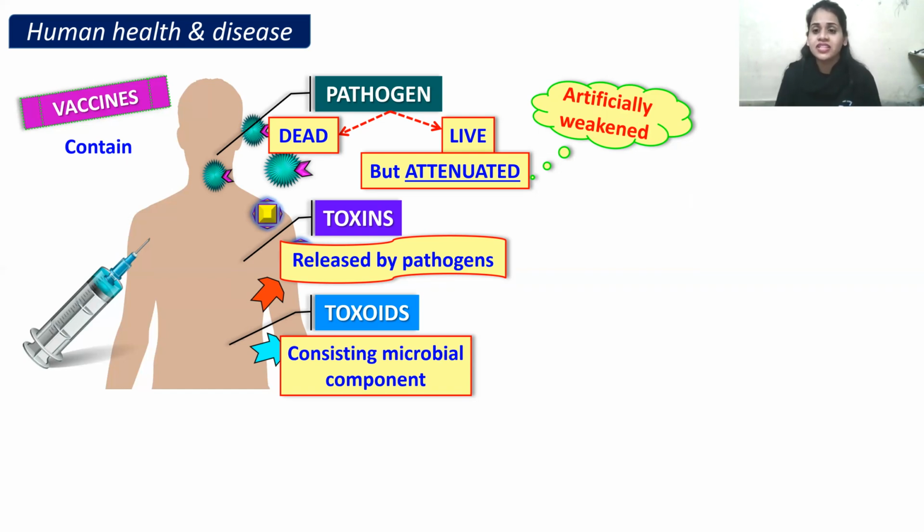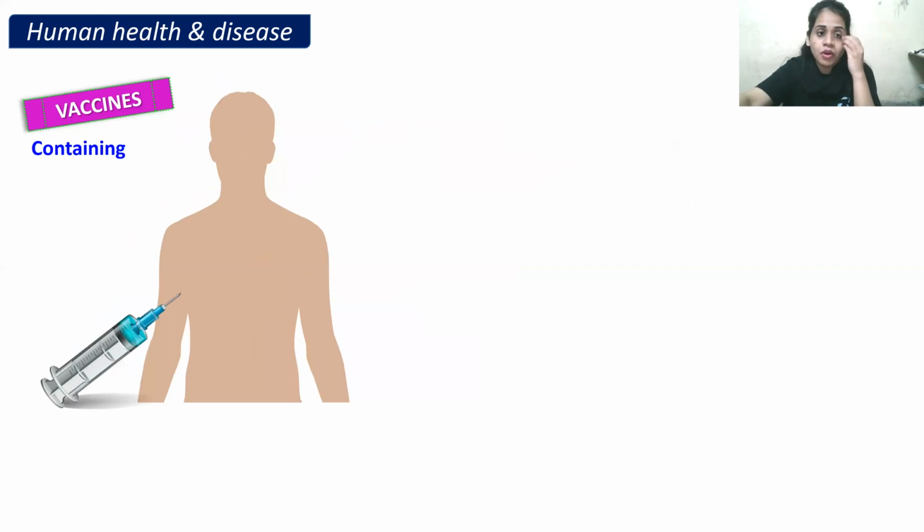If it is live, it is attenuated, that is artificially weakened, or it may contain the toxins which are released by pathogen, or toxoids which are nothing but the microbial component. Is it clear? So vaccination is taken artificially. So here it gives which kind of an immunity? Artificial acquired active immunity. Okay, so that is about your artificial acquired active immunity.